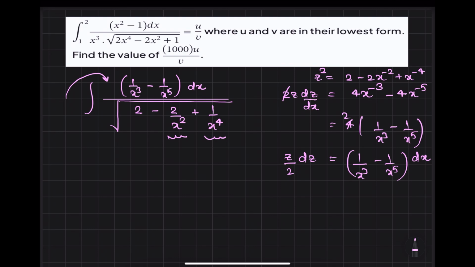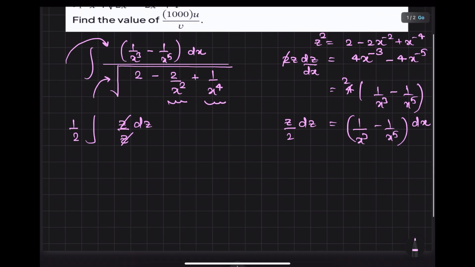Okay, let's do the replacement. So it is 1 by 2 integration z dz, and because it is root, inside the root you have x square, so because of the root it will become z. So this thing is gone. Now we have to integrate 1. So what is the integration of 1? It is z plus c.